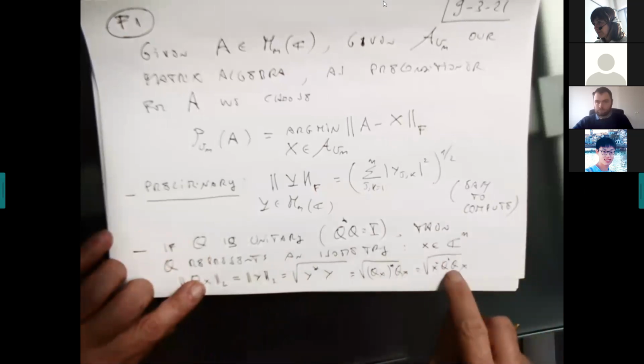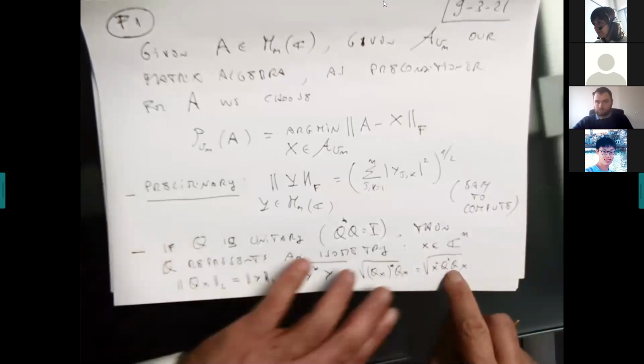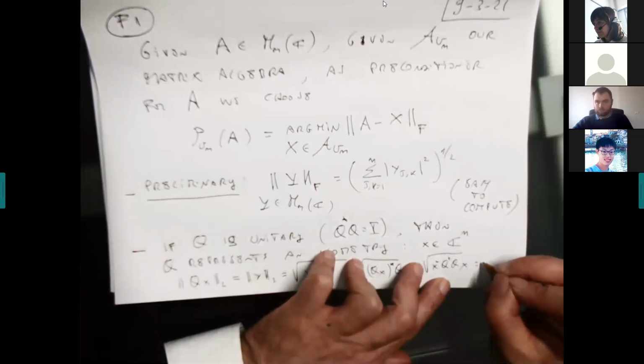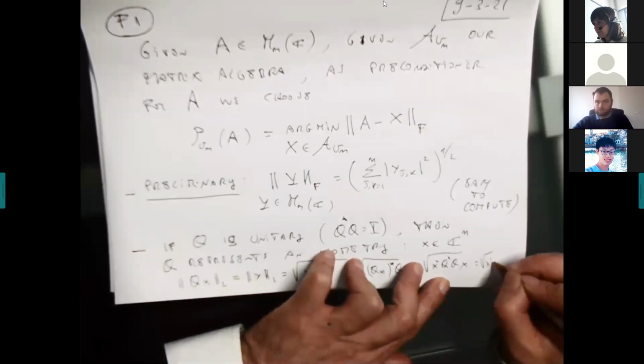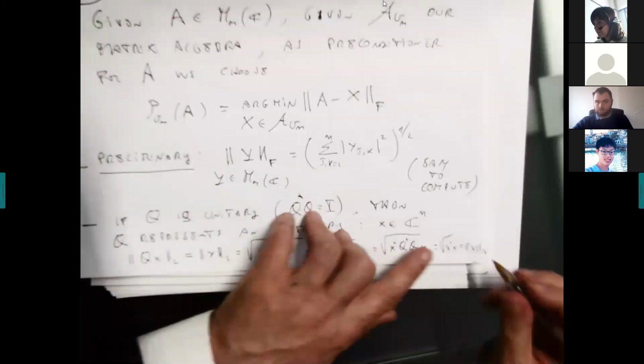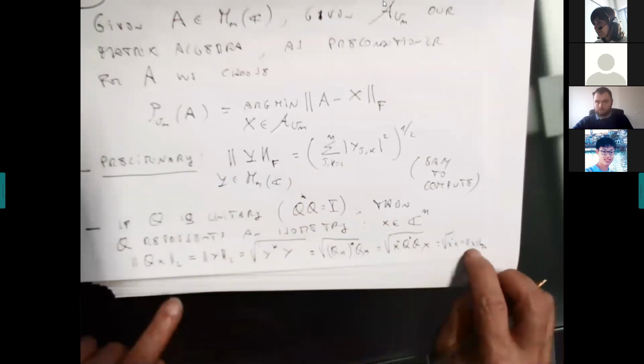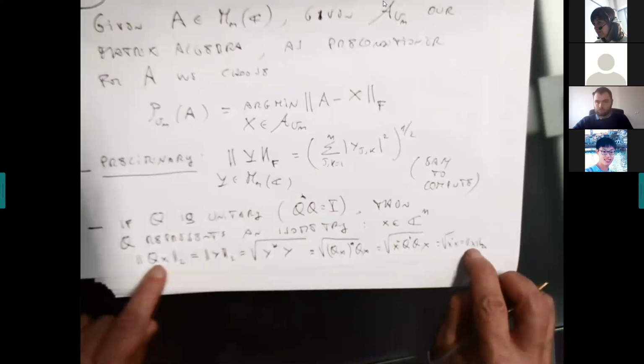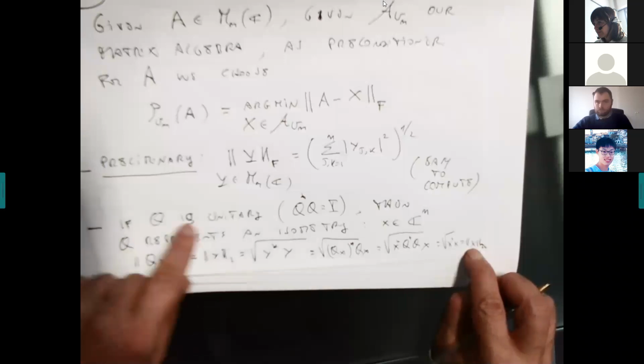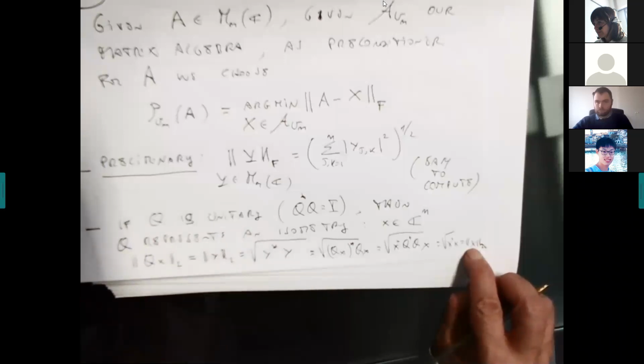But Q star Q is the identity because Q is unitary. So this is equal to x star x, which is the two norm of x. So the two norm of x and the two norm of Qx are the same. So unitary matrices are isometries.